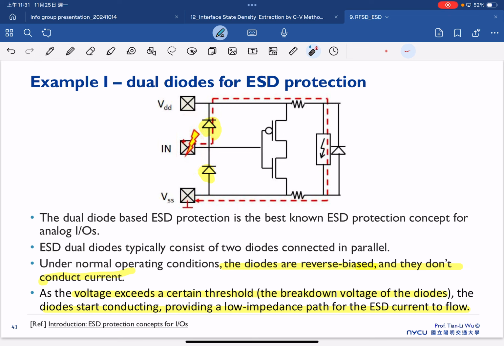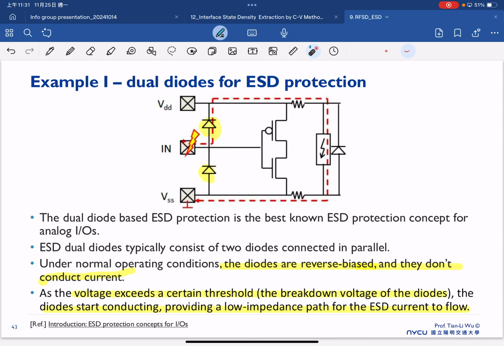Even nowadays, the dual diode is still very popular in lots of products. If you look at the ESD protection in current products, they still use the back-to-back diode because it is a very simple design and very efficient.